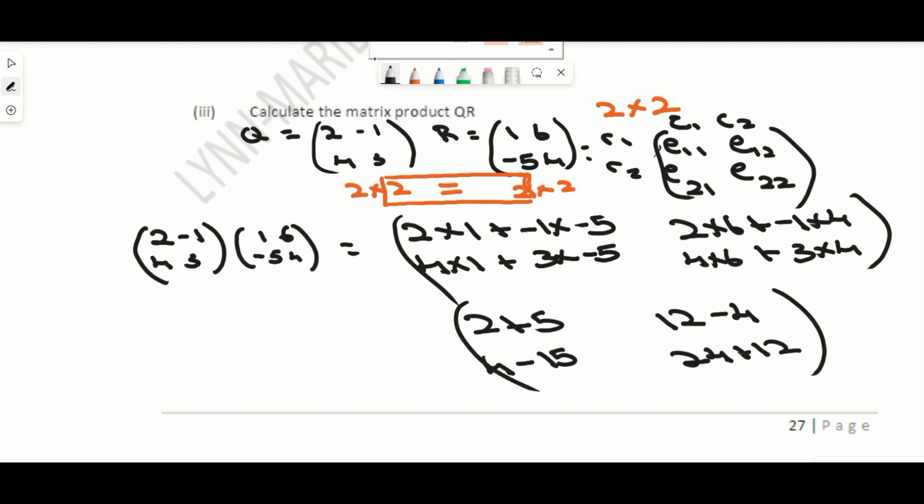Now let's add it. 2 plus 5 is 7. 12 minus 4 is 8. 4 minus 15 is minus 11. And 12 plus 24 is 36. And this here would be my product of Q by R. This is your answer right here.